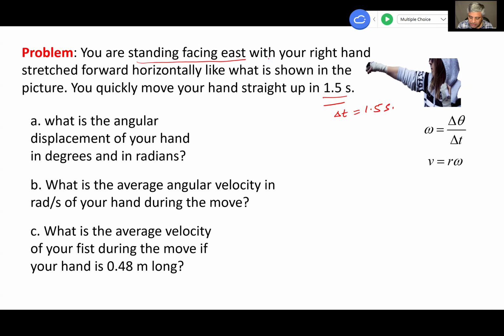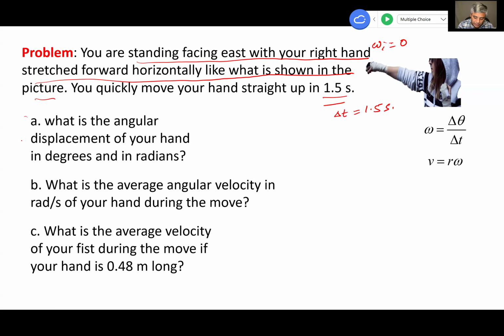You are standing facing east with your right hand stretched forward horizontally like that. That means your initial speed in this case is 0. You are just starting from here and then go like that, so your initial speed is 0.